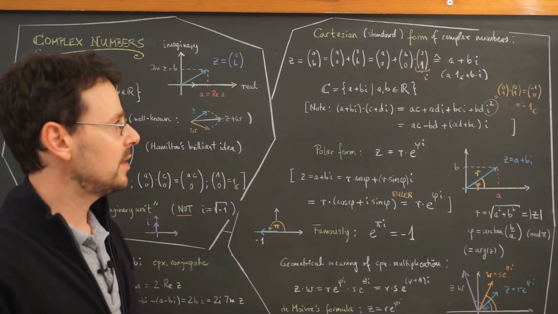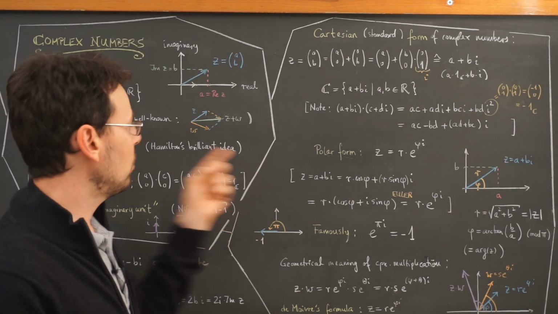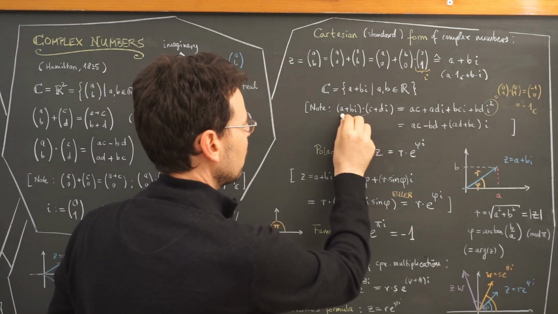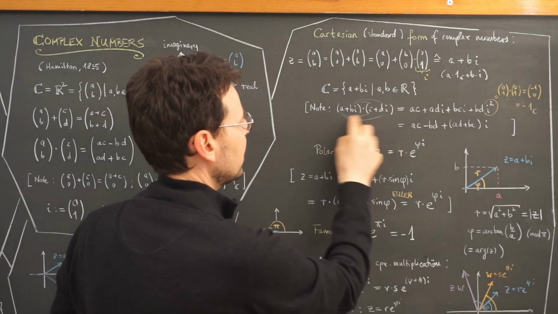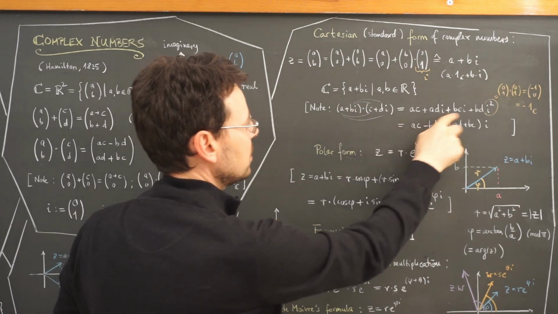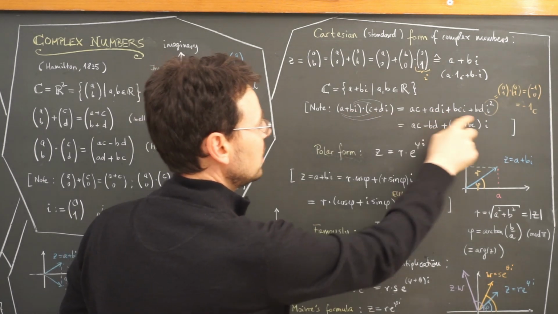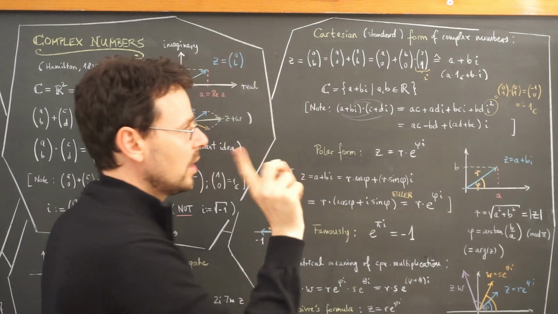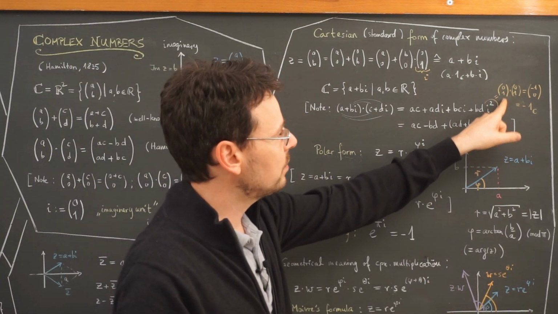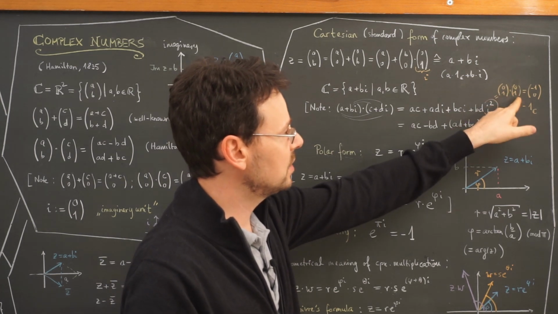If we're assuming that the distributive law holds for this multiplication and addition on C, then I can write this expression here as ac plus ad i plus bc i plus bd times i squared. And now the single most important property: i squared is 0,1 times 0,1.